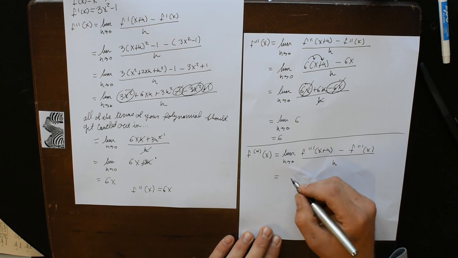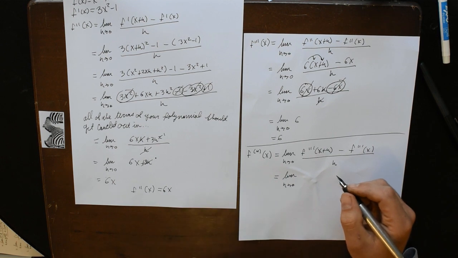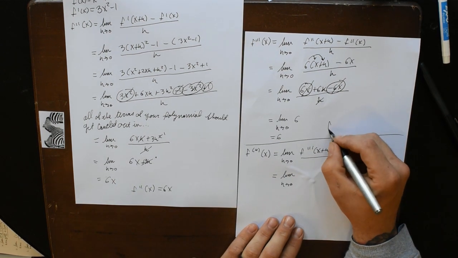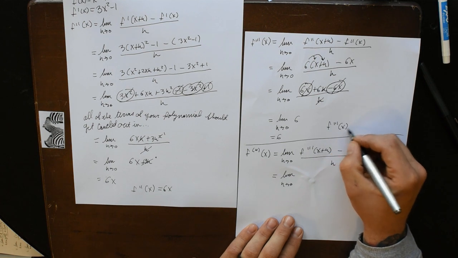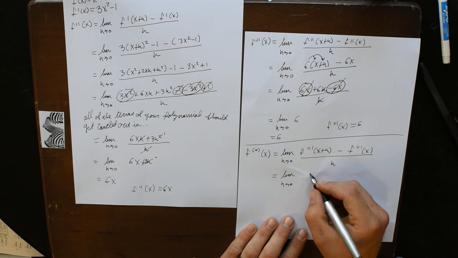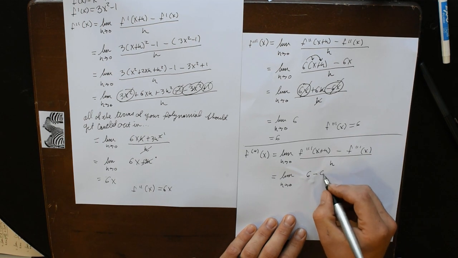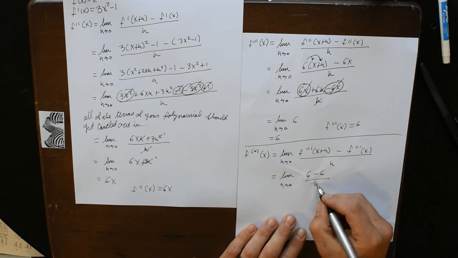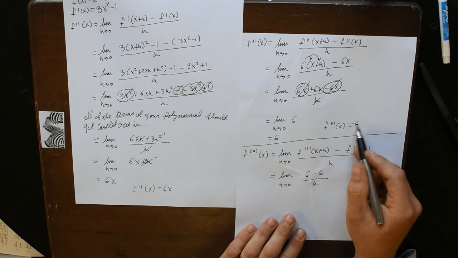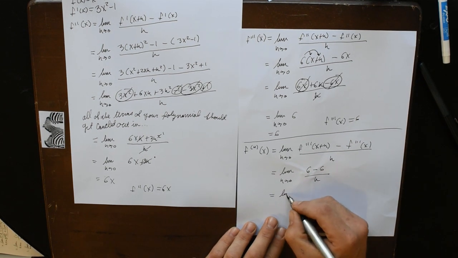We have this right here: f triple prime of x is equal to 6. So f triple prime of x plus h is equal to 6, and f triple prime of x is just equal to 6, all divided by h. Once again, we're taking the derivative of a polynomial, so every term in our polynomial should cancel. 6 take away 6 is 0.